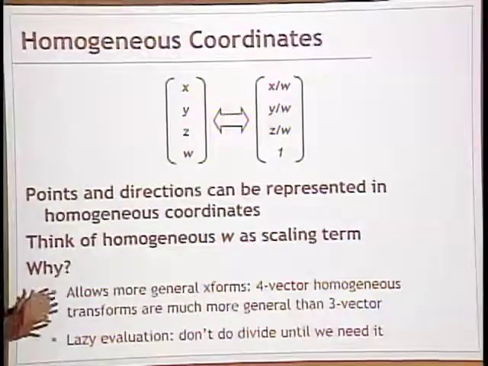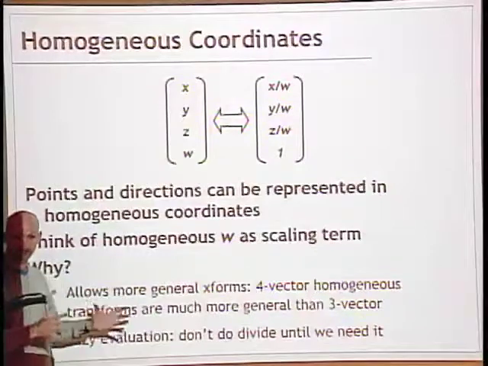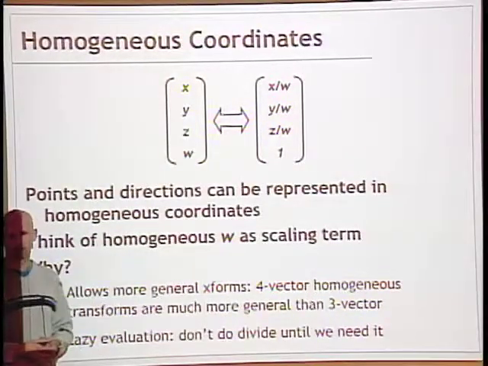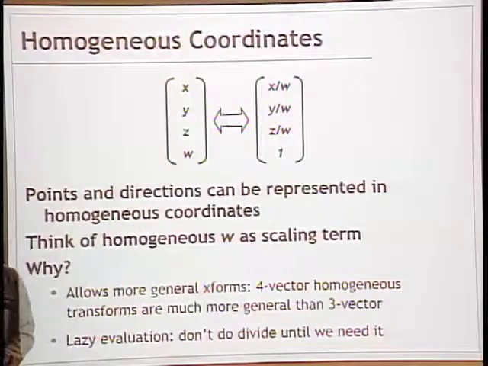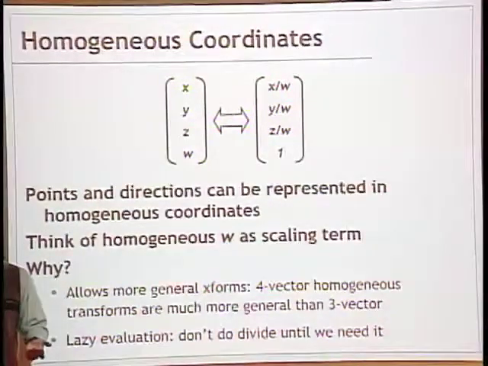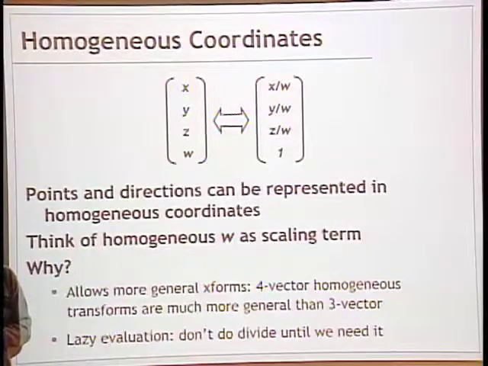Because if you do a whole bunch of processing at the front and you decide you don't need it anymore, then you can throw it away and you haven't had to do the divide yet, so you saved yourself a divide. Any sort of vertex processing, you could do the divide up front if you wanted to. It's just you might be throwing out the vertex later on, and then you spent that divide for nothing. So we're being lazy. We don't want to do any computation that we don't have to.